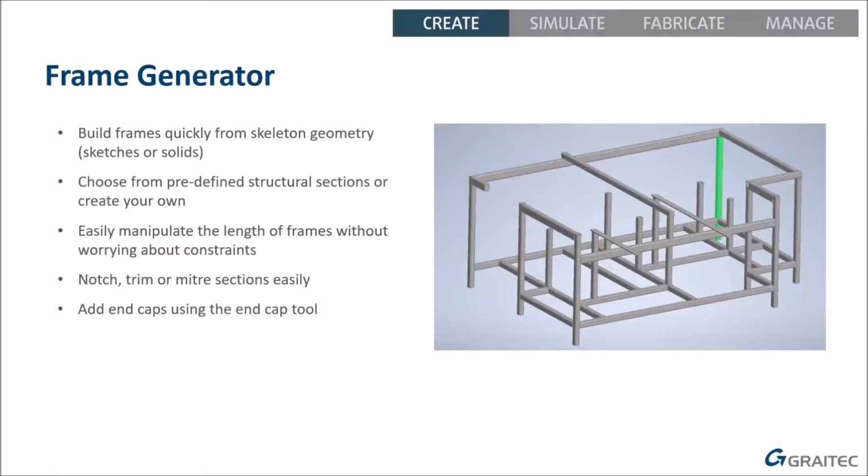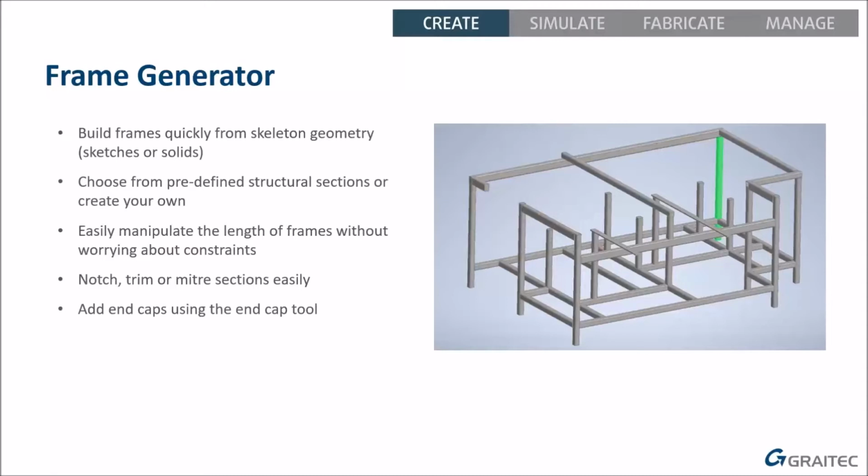Okay, so a frame generator is an assembly tool. We'll see that when we go through it. It basically just needs us to have a sketch or a solid model to work from. We use that as our skeleton, so we can build a frame very quickly around a sketch or around a solid model.